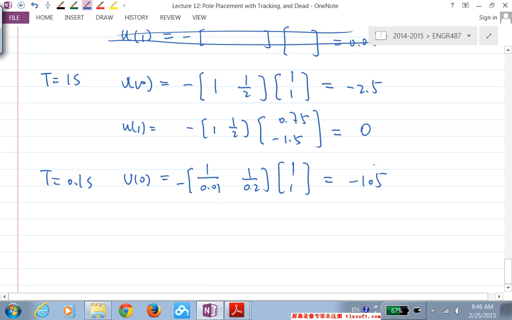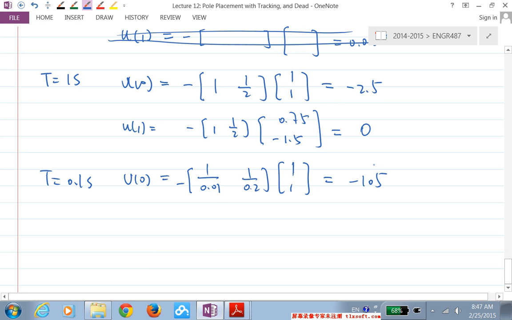So that's why the deadbeat response a lot of the time is not very realistic, unless you have unlimited power as the input. But it is mathematically feasible, or doable.